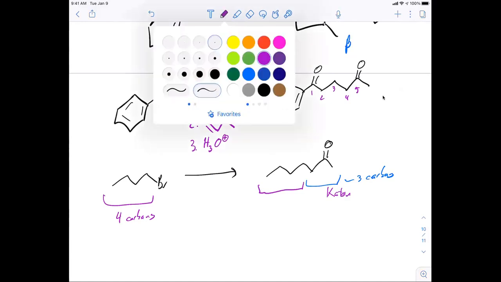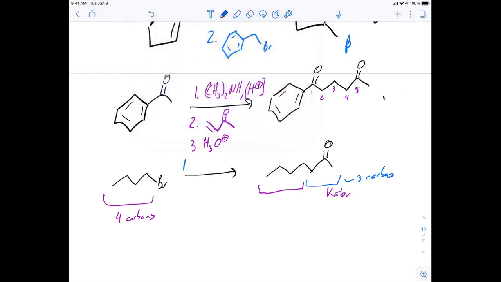So all I did was invert this. So I'm going to add the enolate, so I'll add that, right? I could put it that way. I could have also shown it as, you know, this.